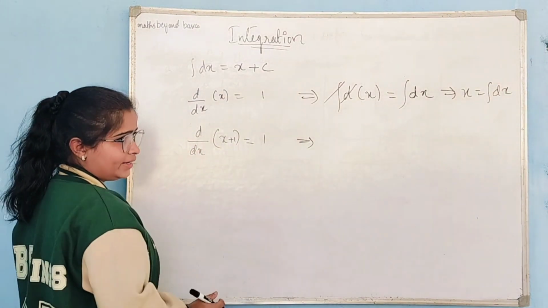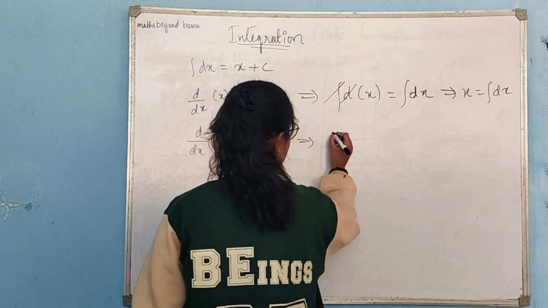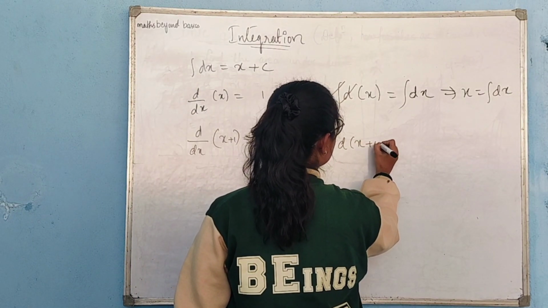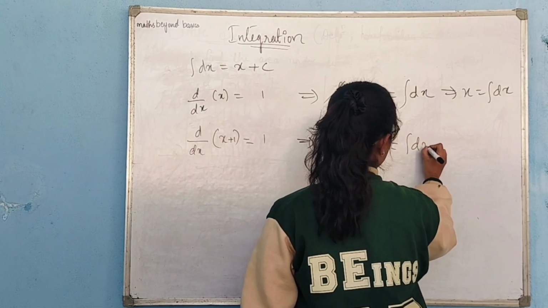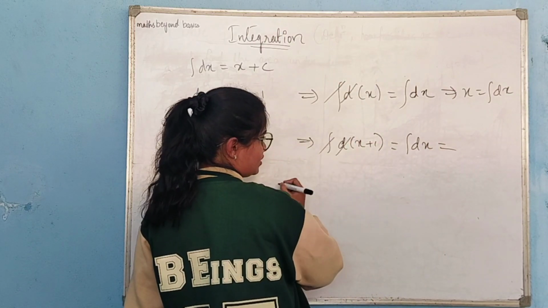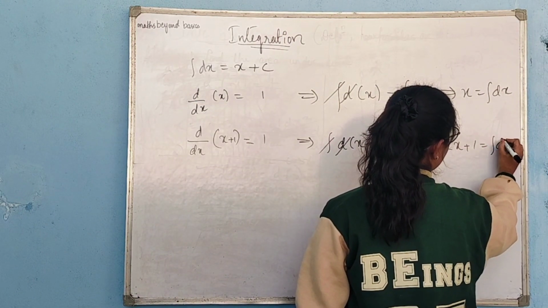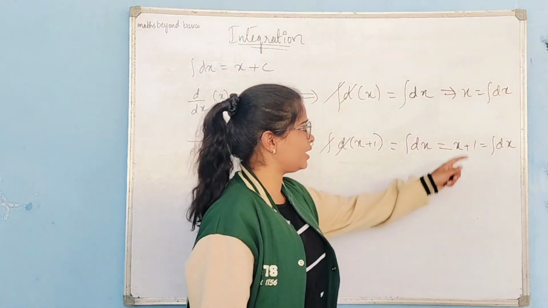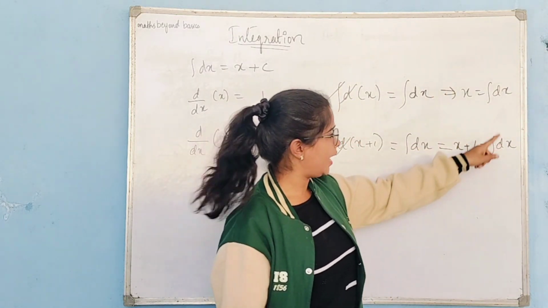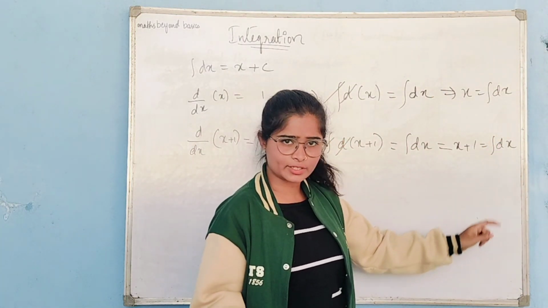Now if you take the anti-differentiation, that is the inverse process, d of x plus 1 is equal to the integration of dx, and again here differentiation and integration will get cancelled. Here you will get x plus 1 equals the integration of dx. So if you see, the integration of dx was x and the integration of dx is also equal to x plus 1.